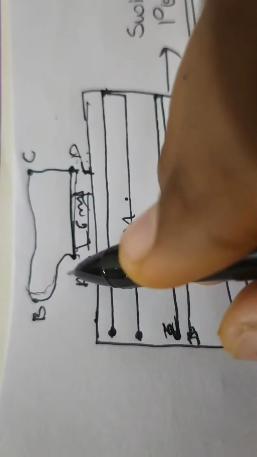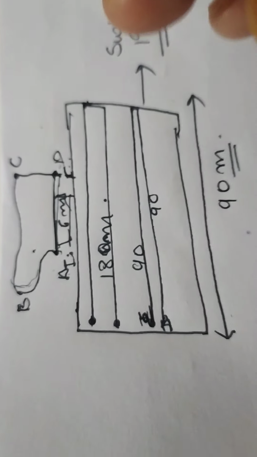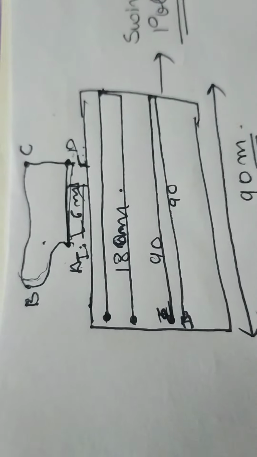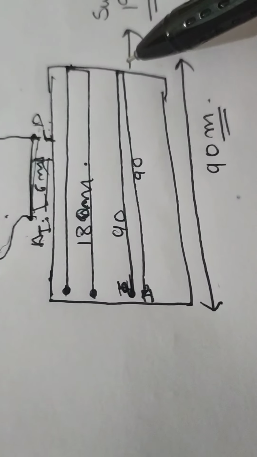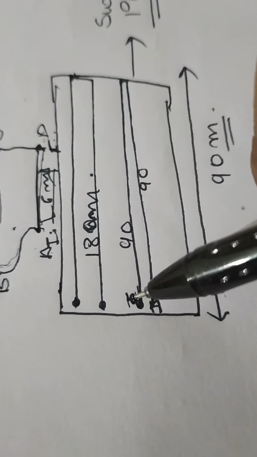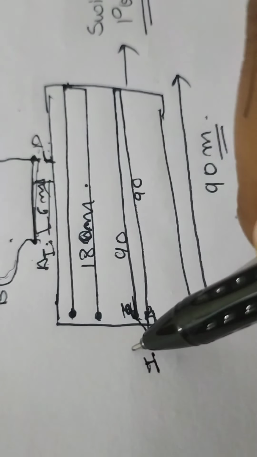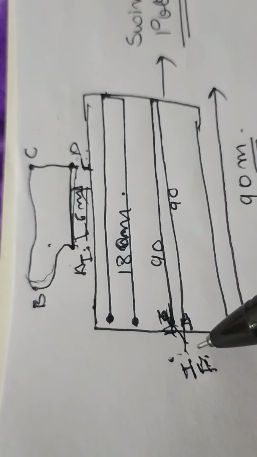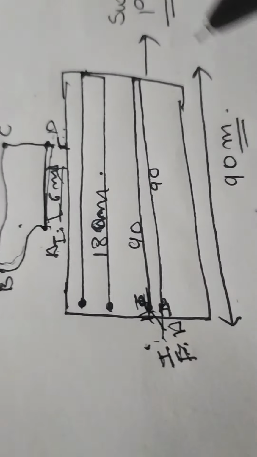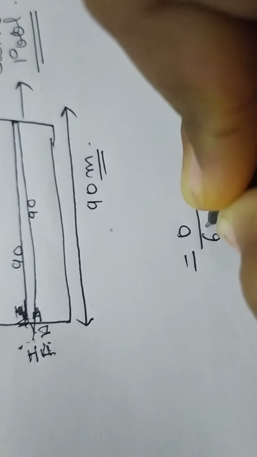She goes there and comes again to that point, and her displacement is 0, because 90 minus 90: she covered 90 once, she covered 90 again, and its initial point is also A and its final point position is also A. So we can say their displacement is 0, and time taken is 60 seconds.